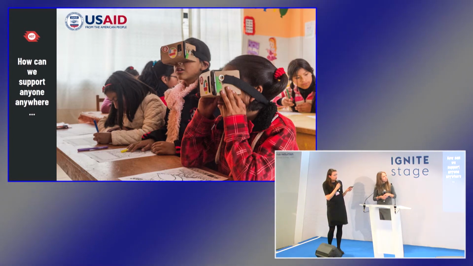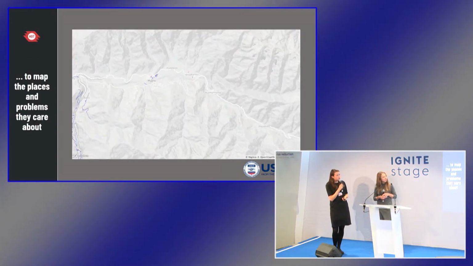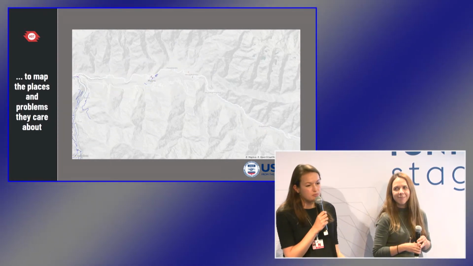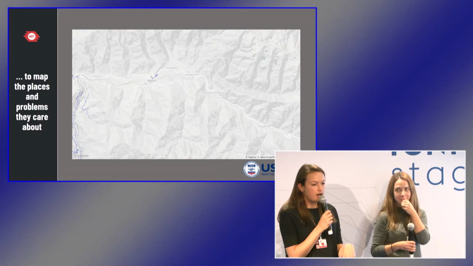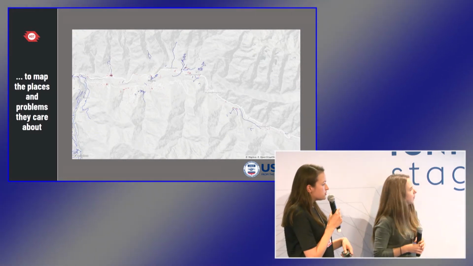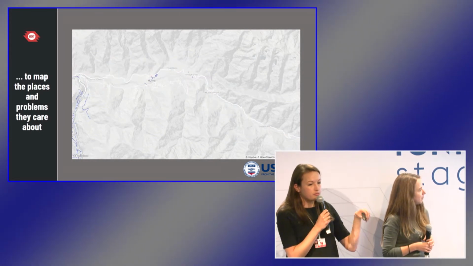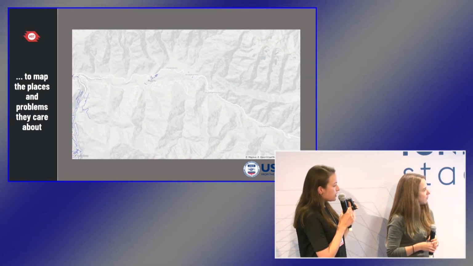While it doesn't look all that impressive, this map was created by 15 girls who live in an agricultural community that's continually cut off by landslides, who just walked around their community and mapped all of the roads and then added all of the buildings.